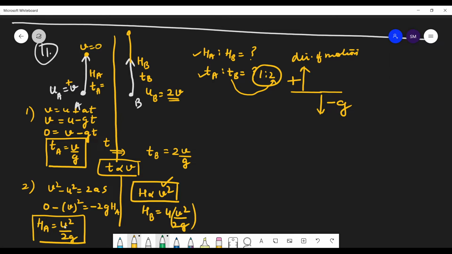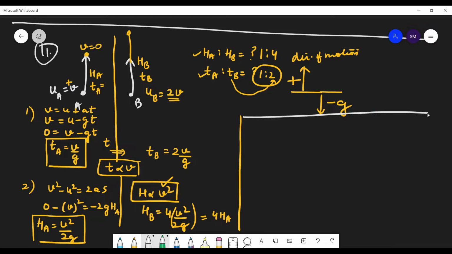Yes, sir. So this is U square by 2G, this is 4V square by 2G. So V square by 2G is HA, so you can write here 4HA. So HB upon HA, means HA upon HB, is 1:4. So height will be 4 times. So got the question, students? Yes, sir. Okay.